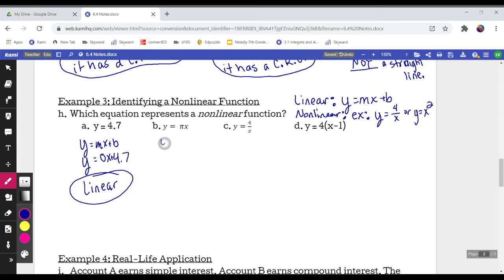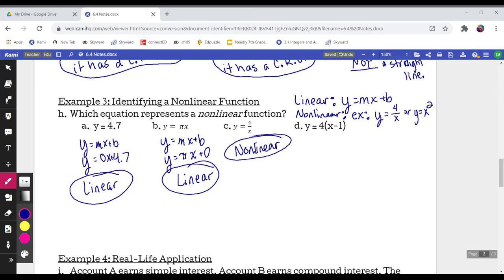Letter B, y equals pi x. So it's saying the slope is pi. Your y-intercept is 0, so this is also going to be linear. Letter C, y equals 4 divided by x. Well, this one is going to be nonlinear because you cannot write it in slope-intercept form.